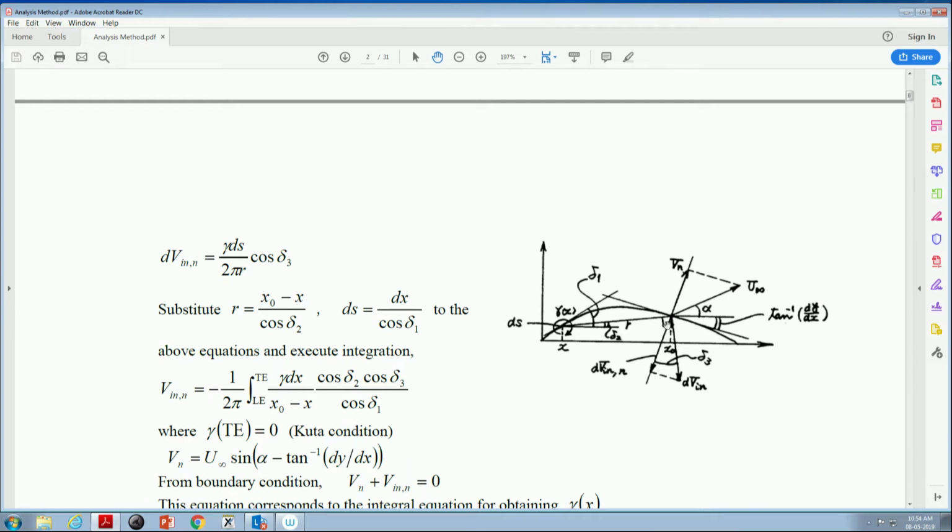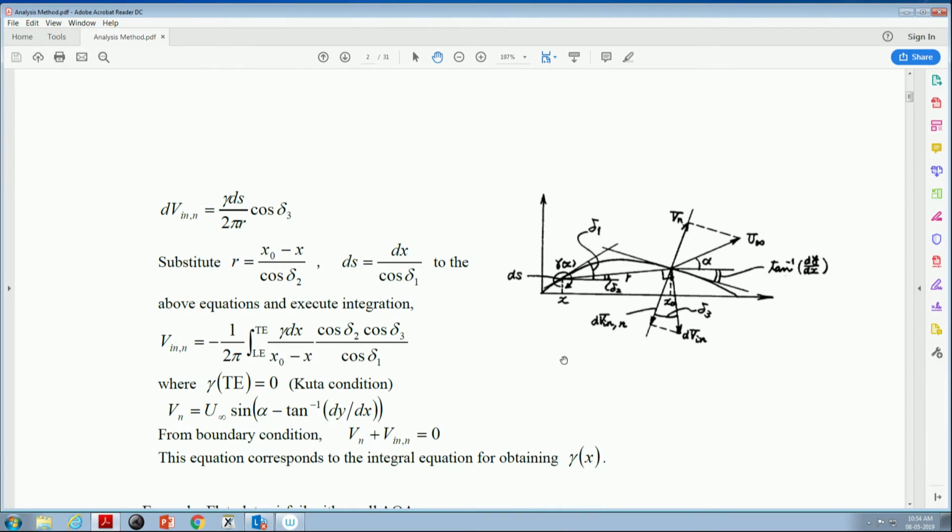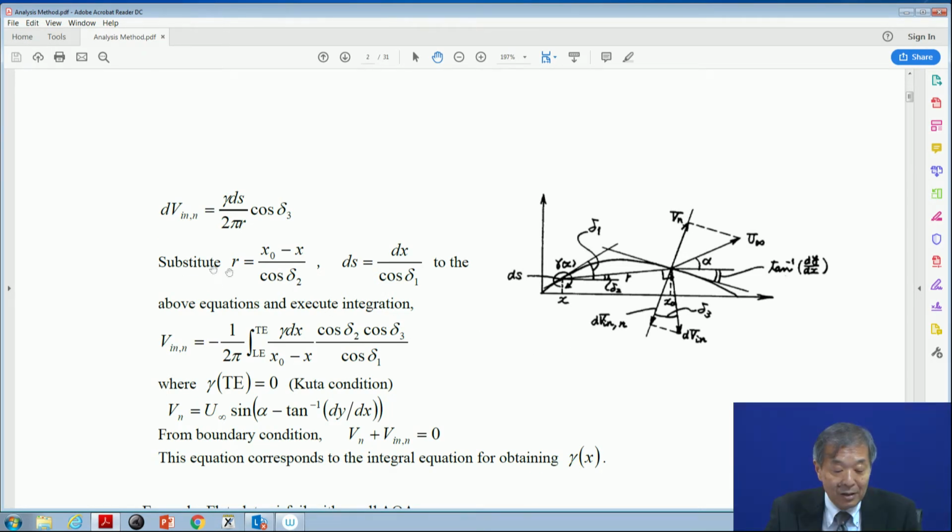So dVin,n is here. And r is the distance from the vortex point to the evaluation point of the velocity, expressed as this one.